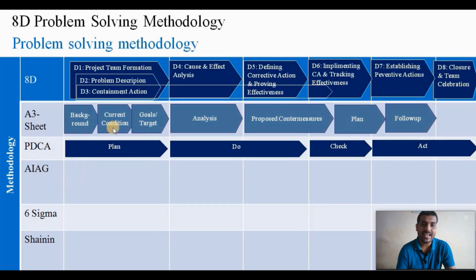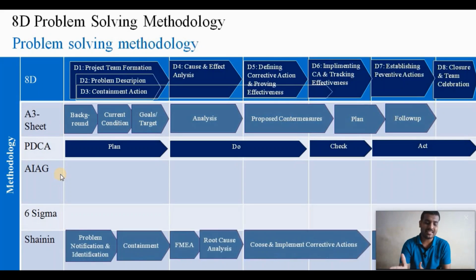Then next is AIAG, that is Automotive Industry Action Group. It consists of 6 phases. The first phase is problem notification and identification. In this first phase, the actual localization of the defect is identified. Then second, containment actions are taken.